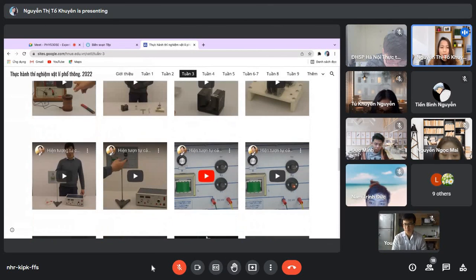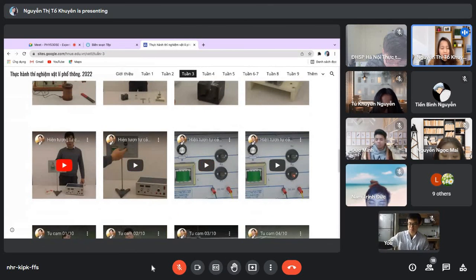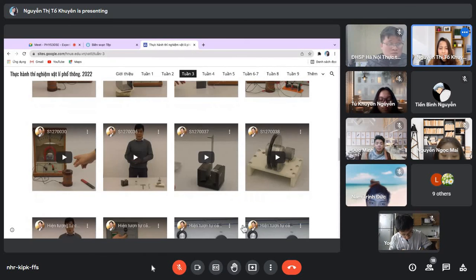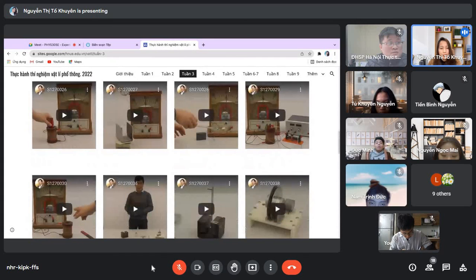For example, why do we have this apparatus set up like this, why do we need the neon light, and why do we have the solenoid in this?